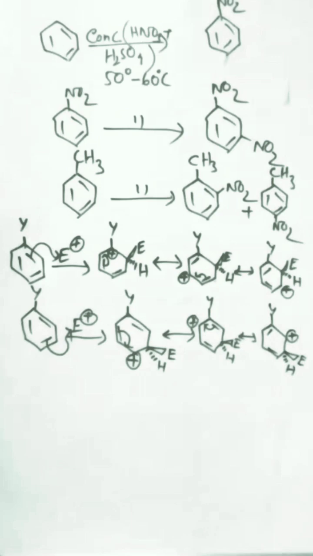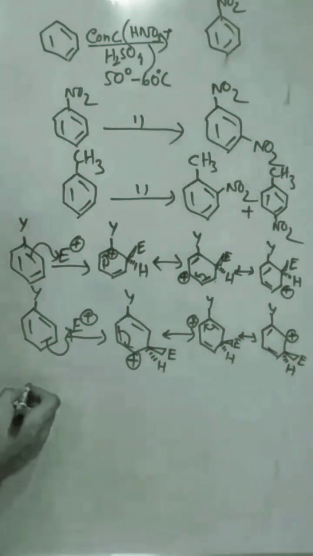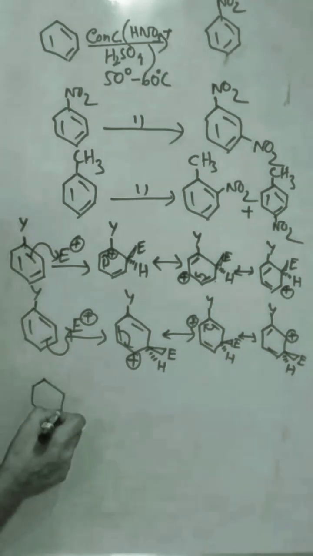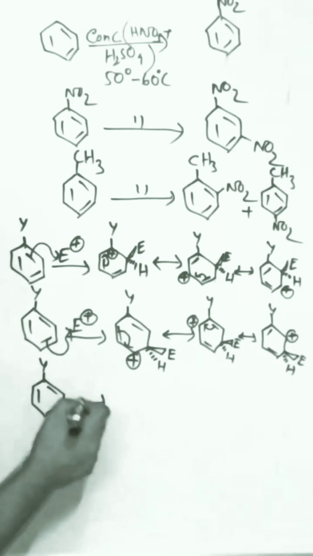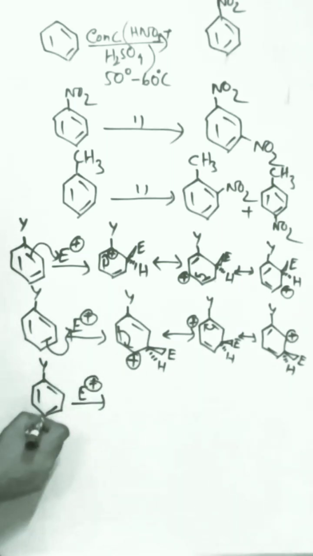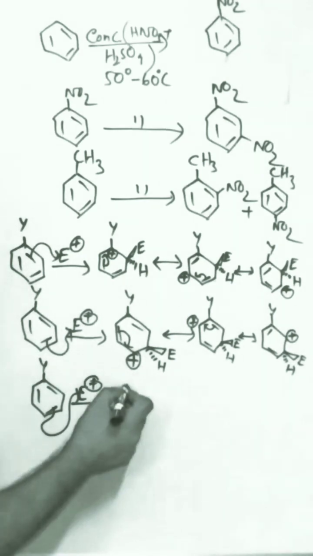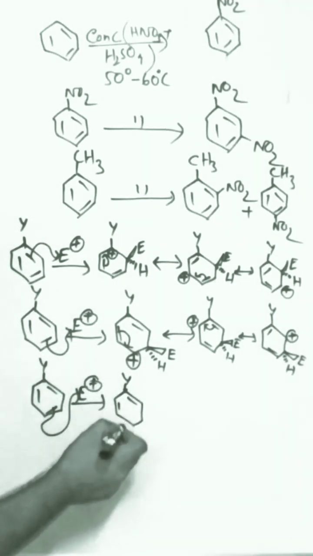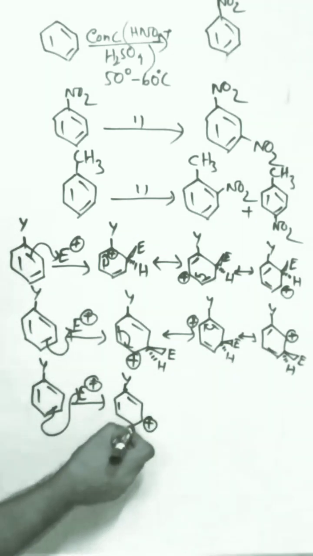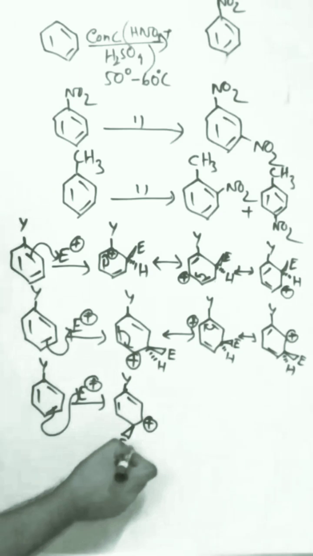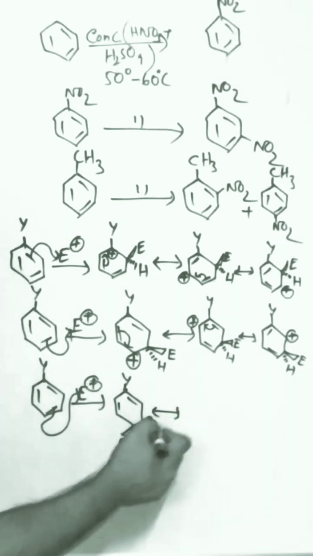Okay. Now let us see what happens when the electrophile comes in para position. Substituent, electrophile, para position means this position. This bond breaks from this carbon, the positive charge comes here, the electrophile is above the plane, and the hydrogen already present was below the plane.